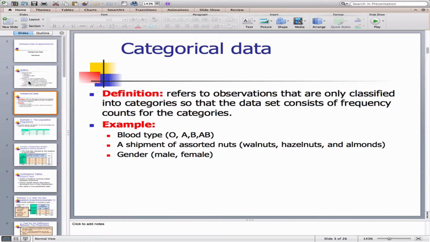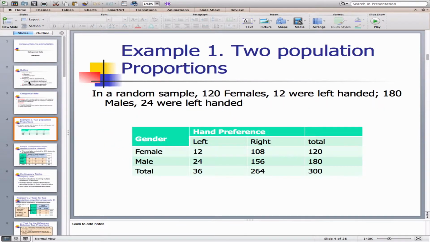For example, if you have blood type, you have 4 different blood types, and you get a random sample of individuals, and your data is organized by, for each category of blood type, how many individuals have this blood type.